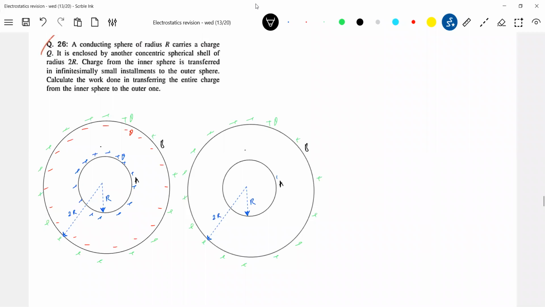So it's all about the field outside the shell. Will it change or will it remain the same in both the diagrams? Same, it will remain same. So the field from the surface of shell B to infinity will not change in both the cases.